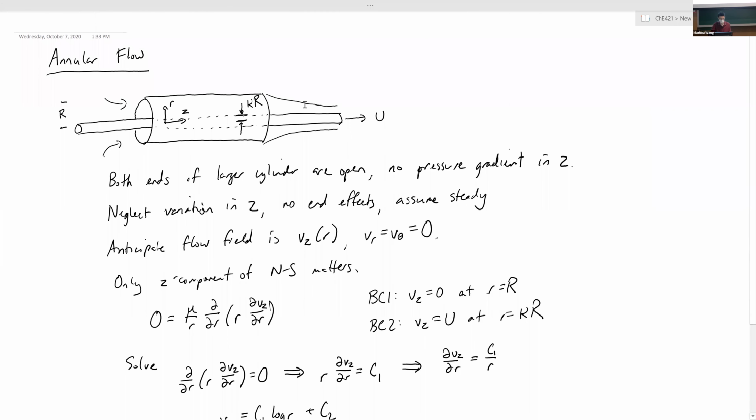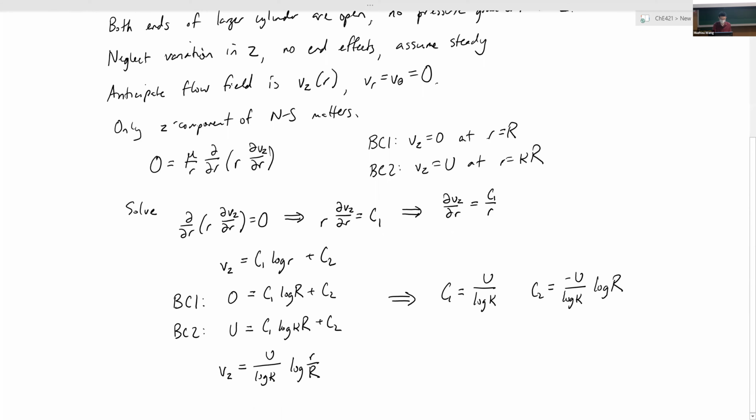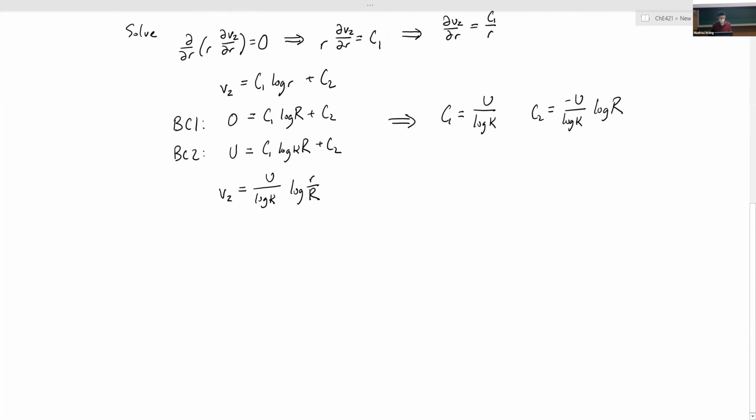But we're talking about potentially using this to coat a copper wire or something as I pull it through. And so in order to do that, we might care about the actual volumetric flow rate of this fluid moving through that space between the cylinders, the annulus. And so the volumetric flow rate looks like this.